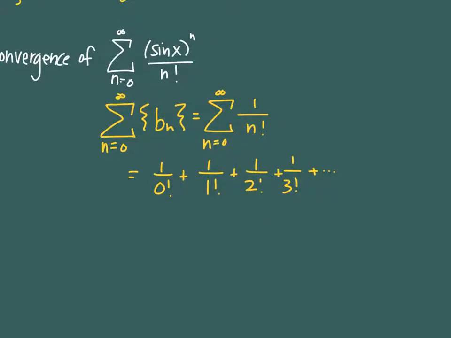Okay, what's the Maclaurin series for that? Same as last time. E to the 1, right? It's e to the numerator. And so this is e to the first, which is convergent.